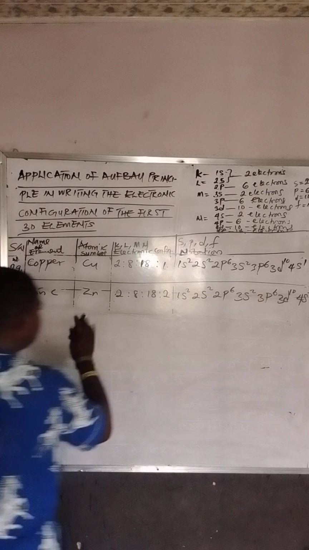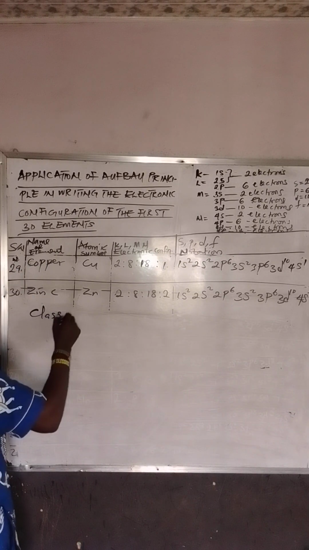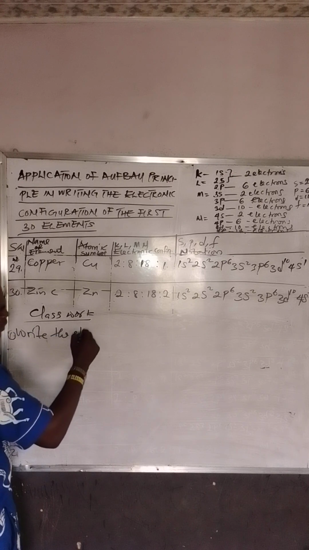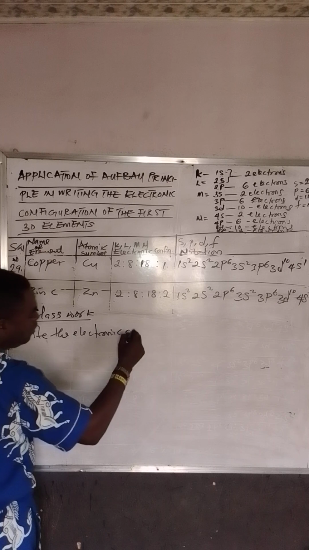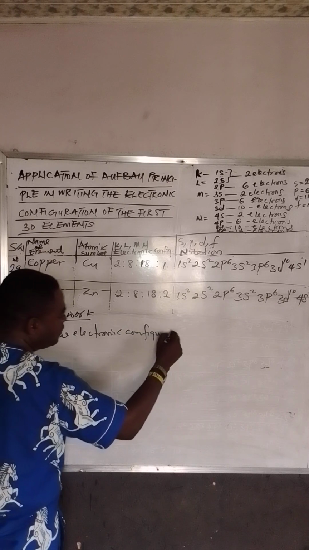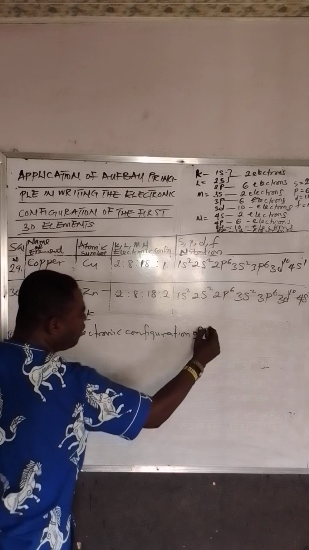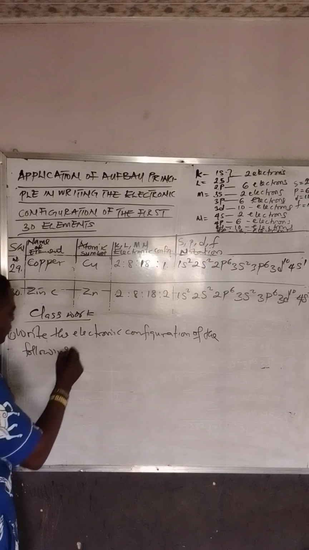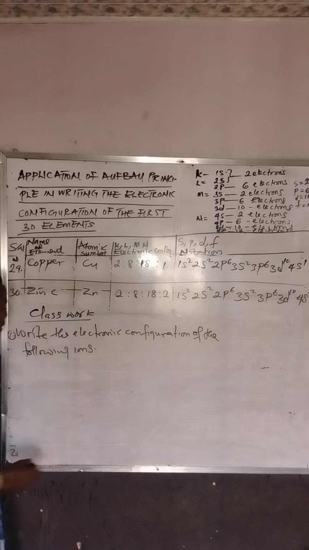Now let's look at this classwork. They say write the electronic configuration of the following ions.